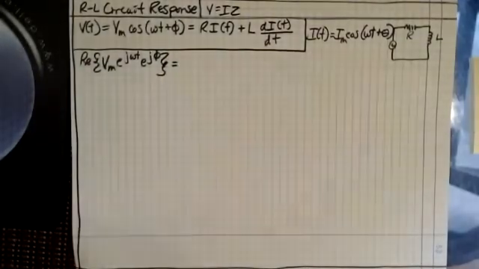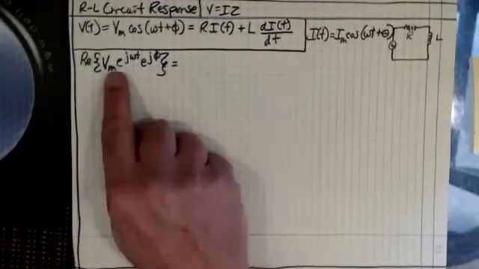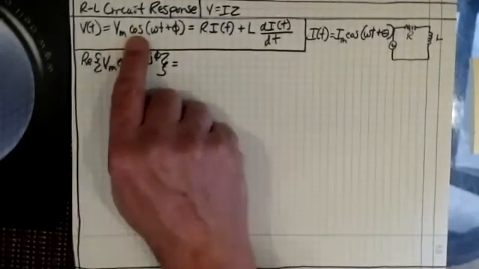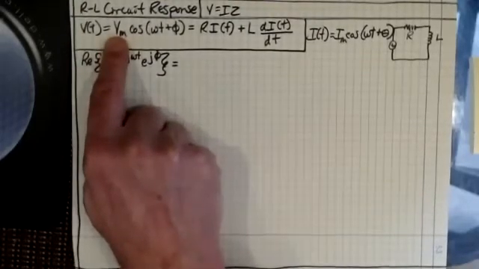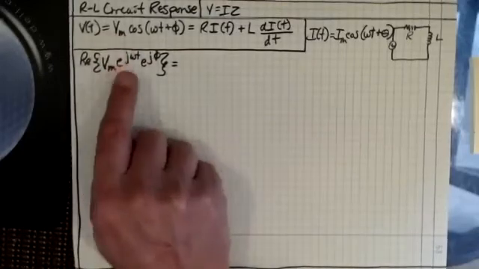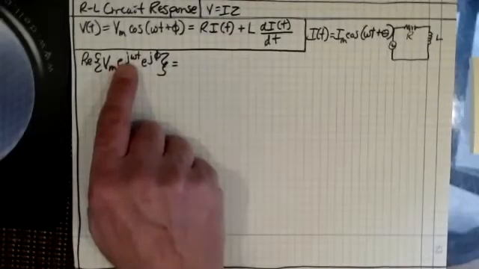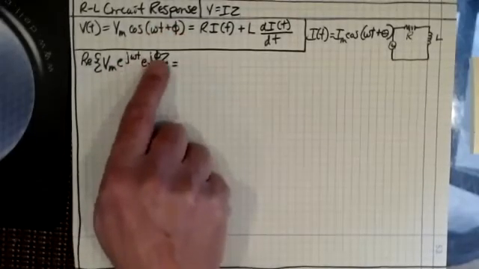All right, I'm going to stop there for just a second and say, does everyone see why I did that? Does everyone see why I've got V max? Why do I have real? Because it's a cosine. Why do I have V max? Because V max is in the statement. Why do I have e to the j omega t? Because really I have e to the j omega t plus phi, but I can break those up just like anything.